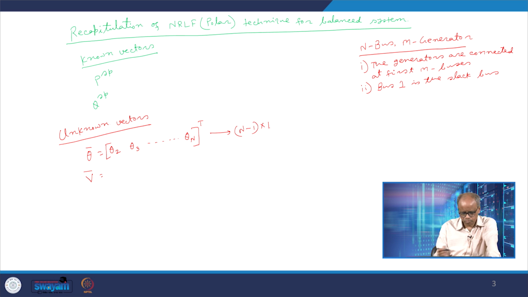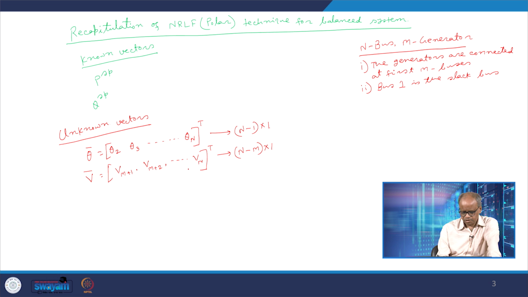So here the V vector would be V m plus 1, V m plus 2, up to V n, transpose. So it is basically n minus m cross 1.